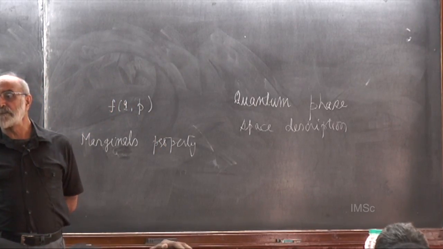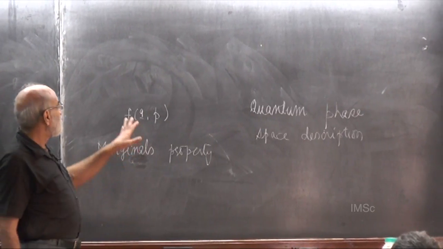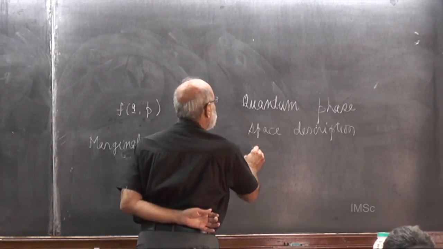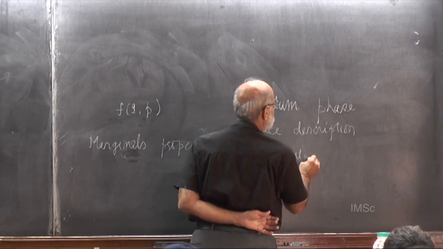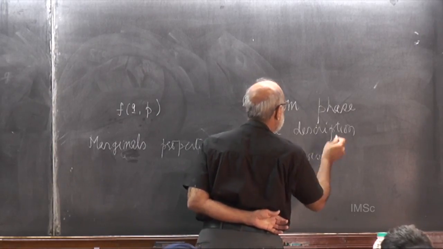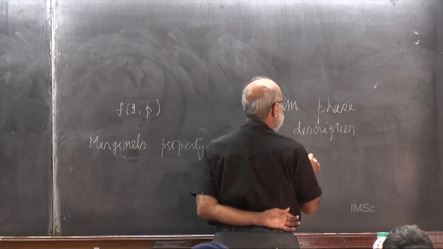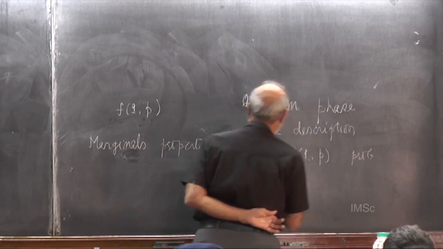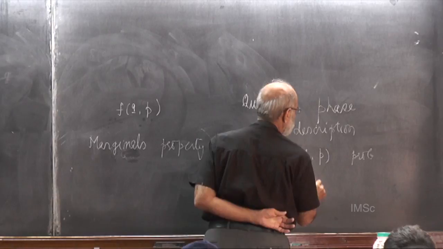Does the quantum phase space distribution have the properties of a classical one, namely pointwise positivity, that is, F(Q,P) is a genuine probability distribution, and its marginals are also probability distributions?